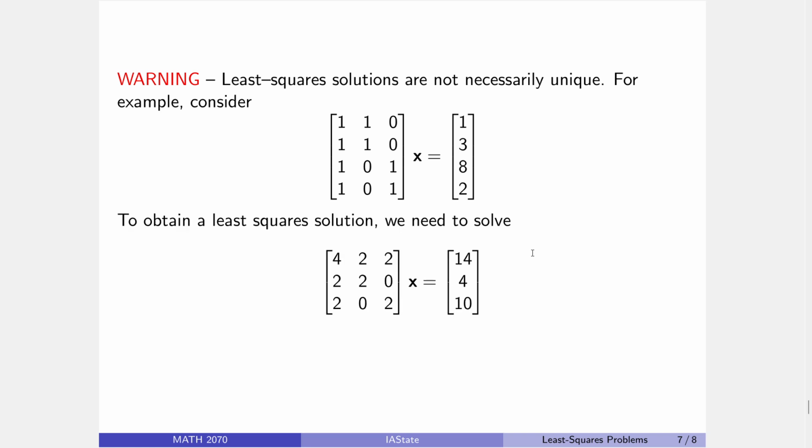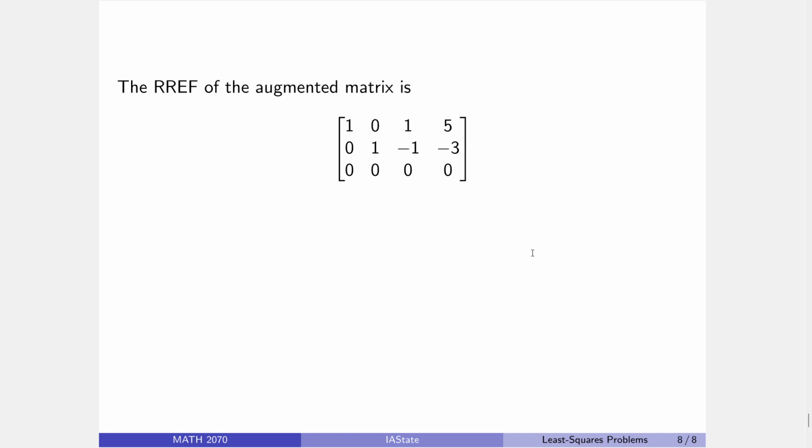Alright, well, the least squares solution associated with this would be the following. I've already computed A transpose A on the left and A transpose b on the right. Okay, and if you were to go ahead and get the REF of the augmented matrix, it's that, and we see a big fat row of zeros at the bottom, so we know we have some free variables.